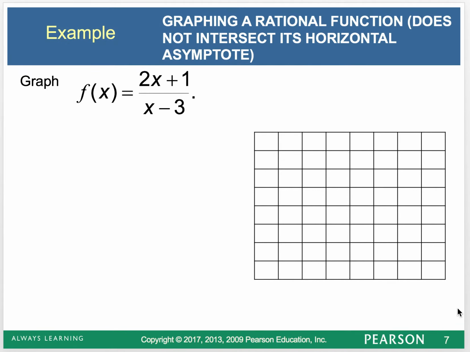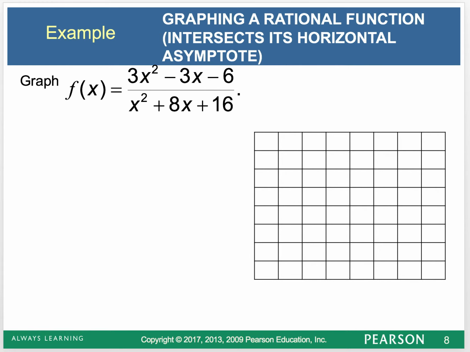Let's see what else can happen with these things. Let's factor this thing to see if it simplifies. I can factor 3 out of the numerator. The denominator is a perfect square trinomial, so I know how it factors.